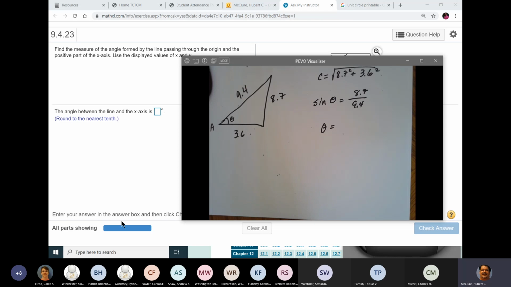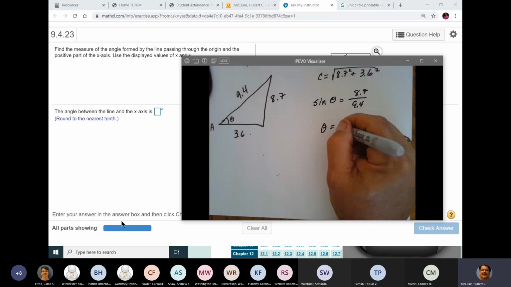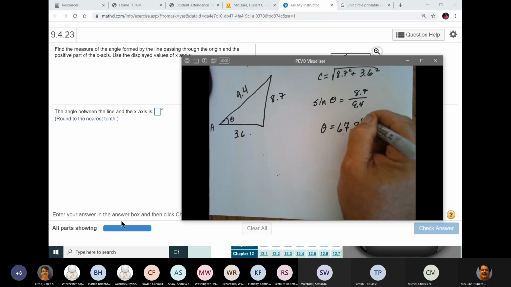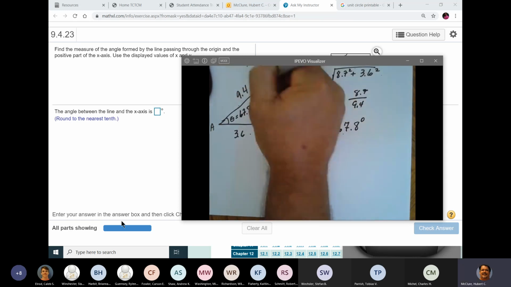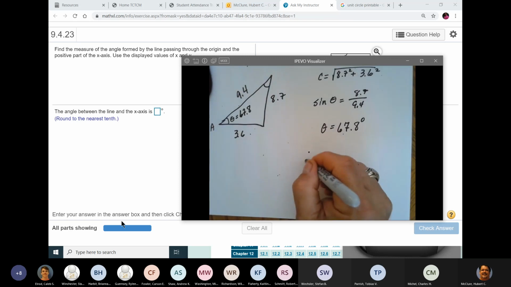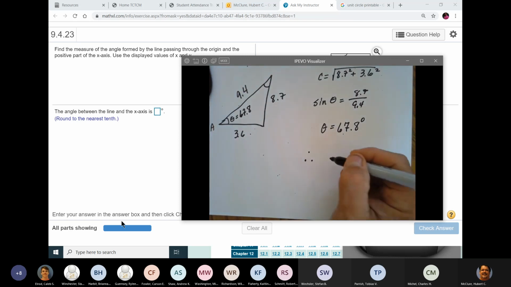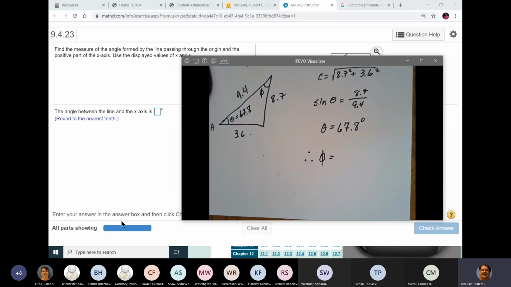I got 67.7 degrees. Actually, it's close to 67.8. Therefore, we'll call it phi, is equal to 90 minus that, 22.3, or 22.2 degrees.